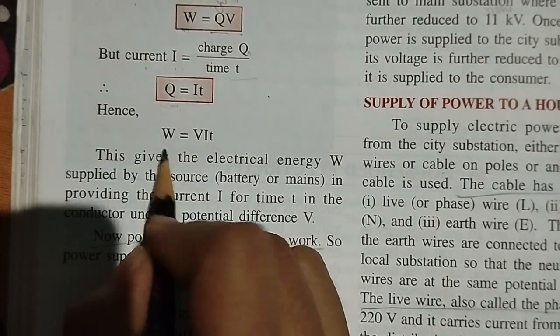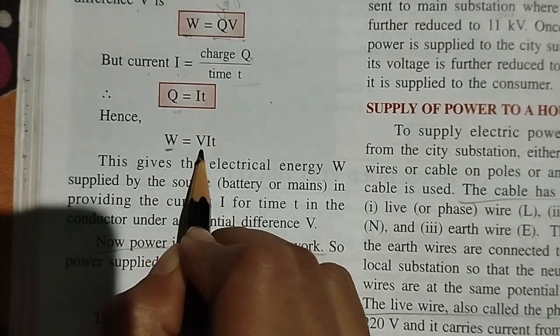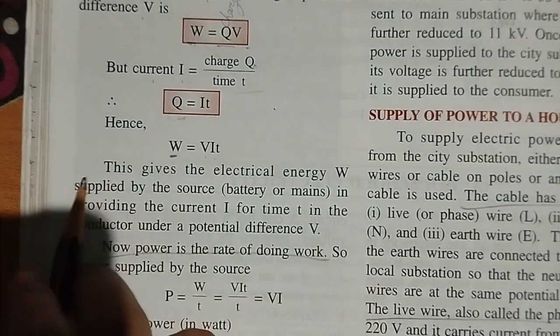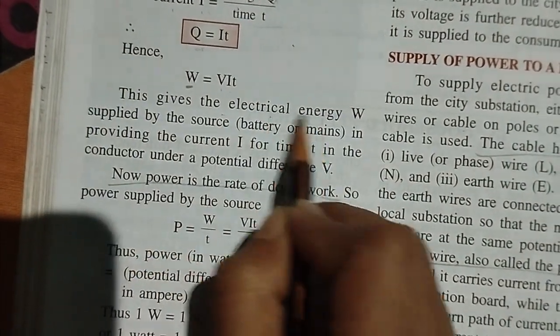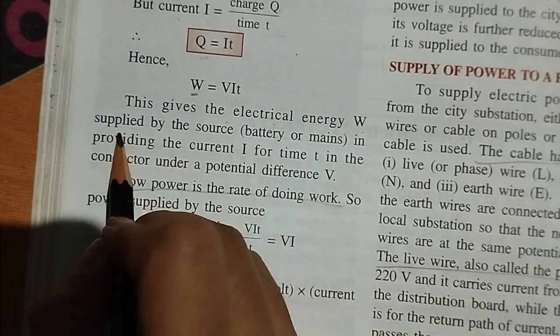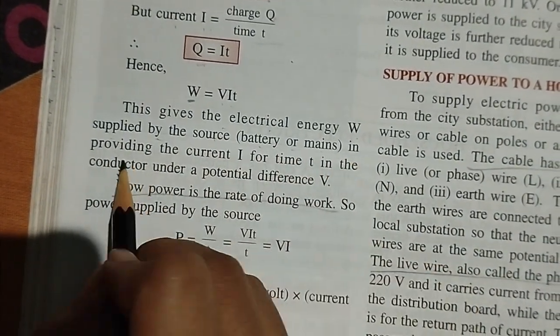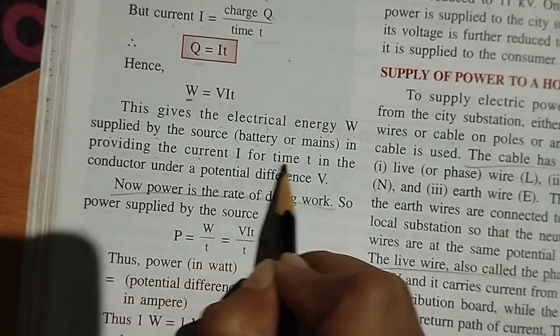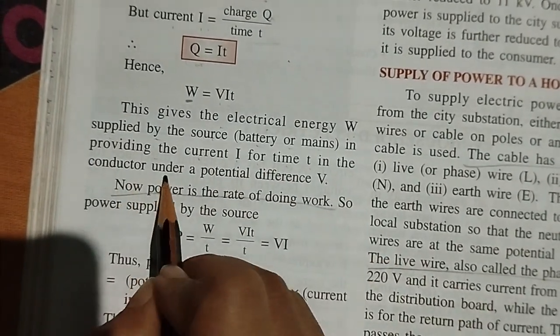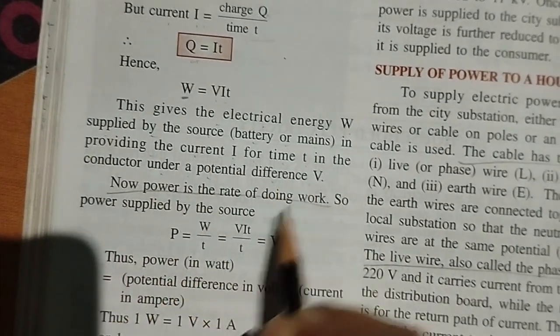Hence W is equal to V into I into t. This gives the electrical energy W supplied by the source, that is battery or mains, in providing the current I for time t in the conductor under a potential difference V.